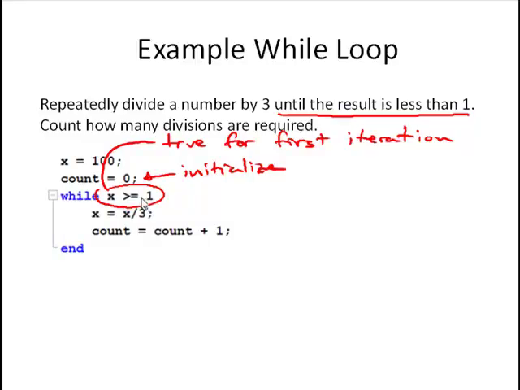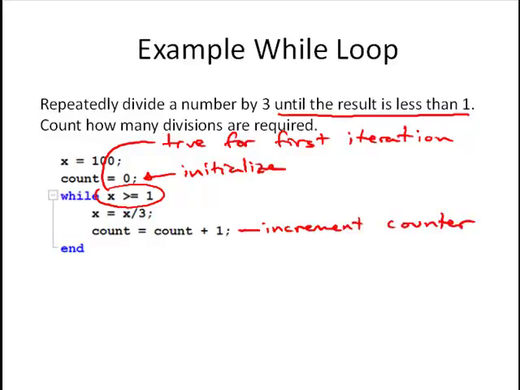Then each time through the loop, we'll divide x by 3 and then increment our counter. Note we don't have any sort of incrementing variable like we do with a for loop. So the way to increment a counter in a while loop is just with this statement, count equals count plus 1. That's a common thing that you want to do sometimes in a while loop.